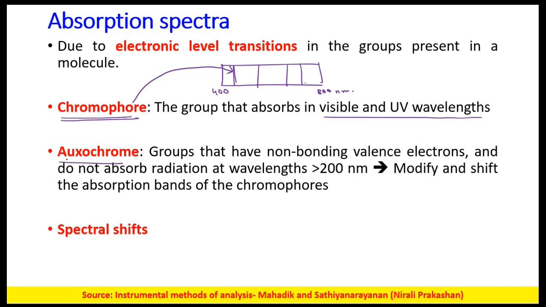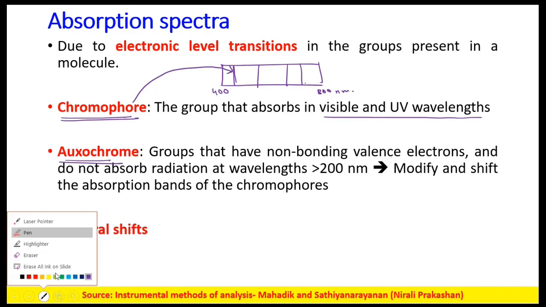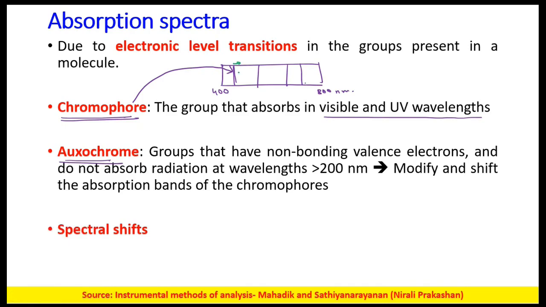Then auxochromes. What are auxochromes? They are also functional groups. Now, if they are present within the molecule where you have the chromophore, they may shift these lines either to a higher wavelength or to a lower wavelength, or they can increase the intensity of the absorption.